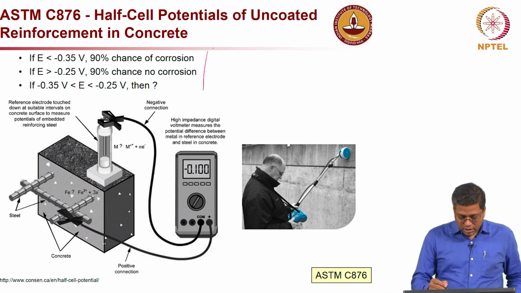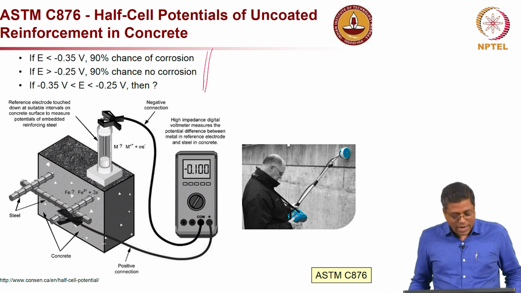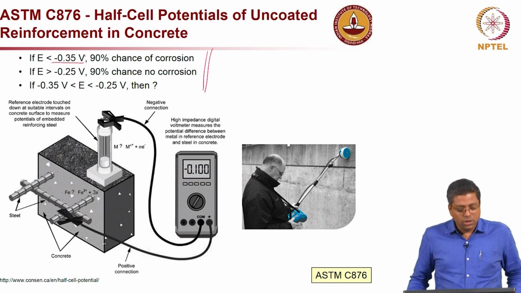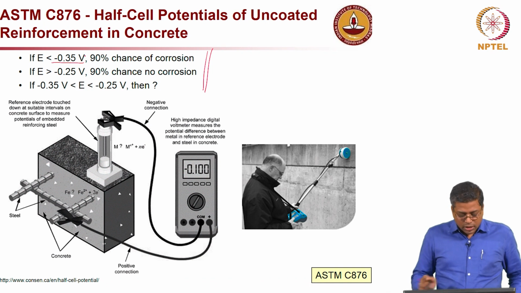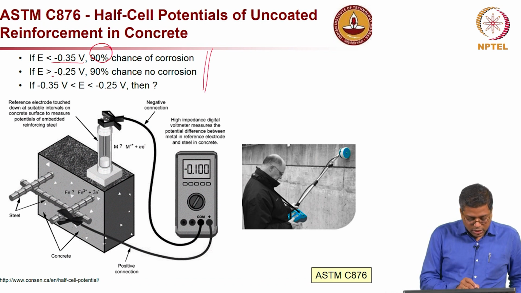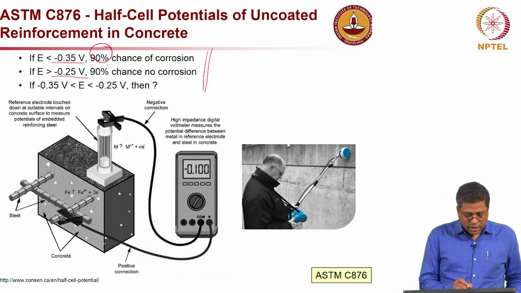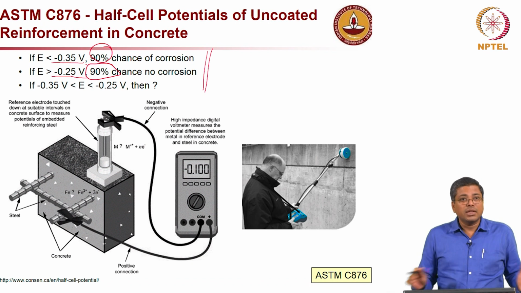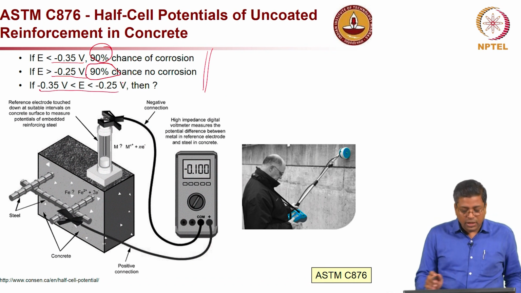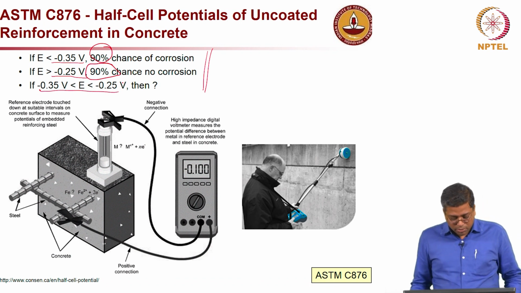So, you can see here this is the ASTM standard, but it says that if the potential is less than minus 350 millivolt or 0.35 volt, then the probability of corrosion is about 90%. If the potential is more than minus 250 millivolt, then there is basically 90% chance of no corrosion, or 10% chance of corrosion, and if it is something in between, then you have to really make your engineering judgment.